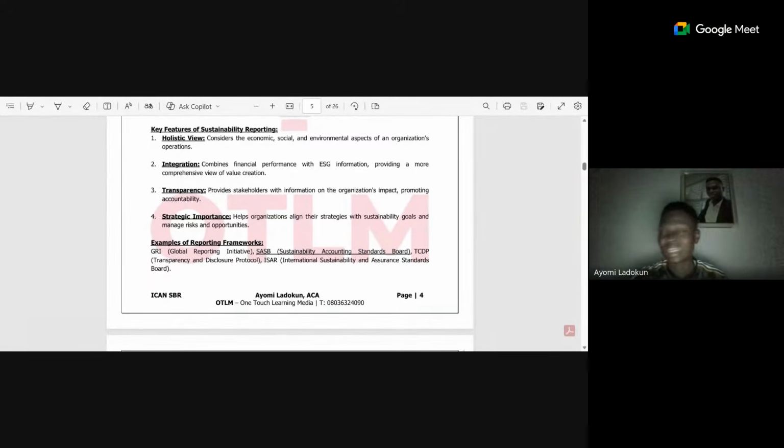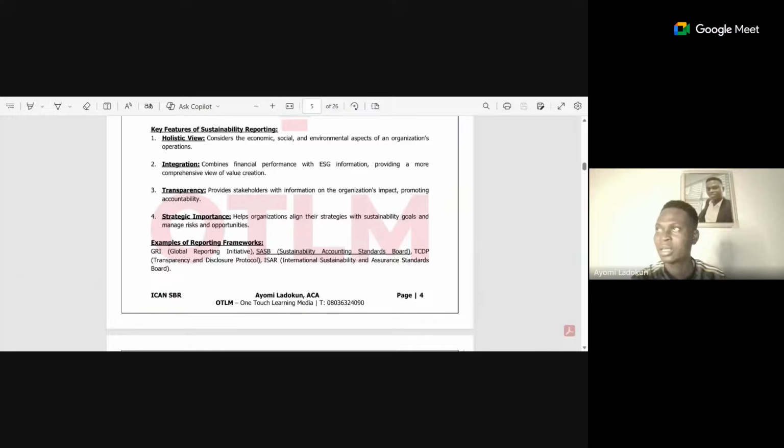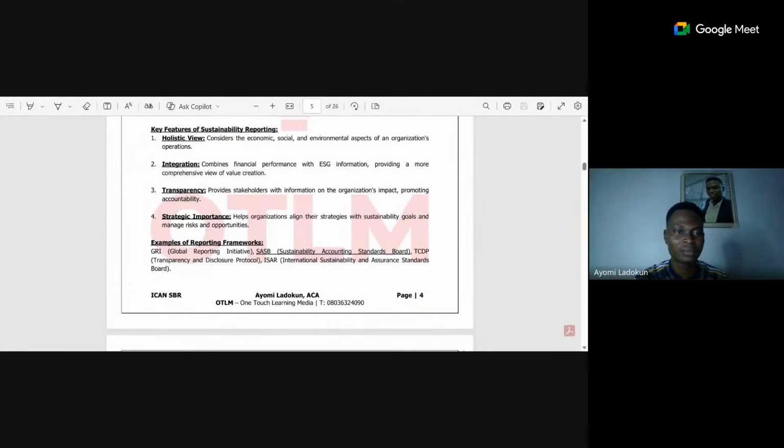And of course, transparency is also there. Then the other one is strategic importance. So these are just the key features.